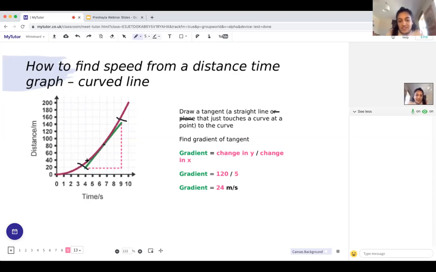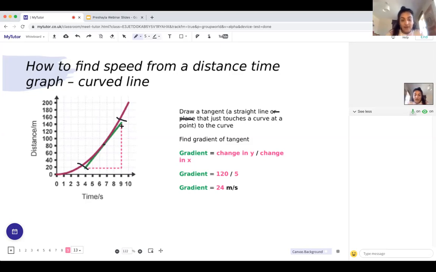It only starts to change at the edges. So it's an estimation. It's not going to be perfect, but we use it so that we can find the gradient of that section of the graph. So that's the first step: draw a tangent to the curve. The tangent to the purple curve here is this green line.